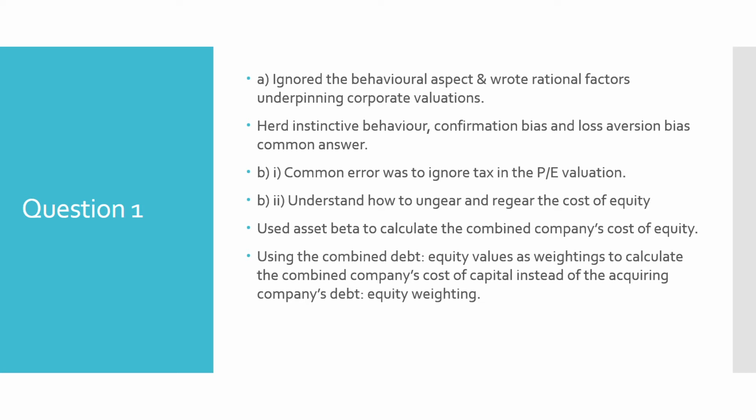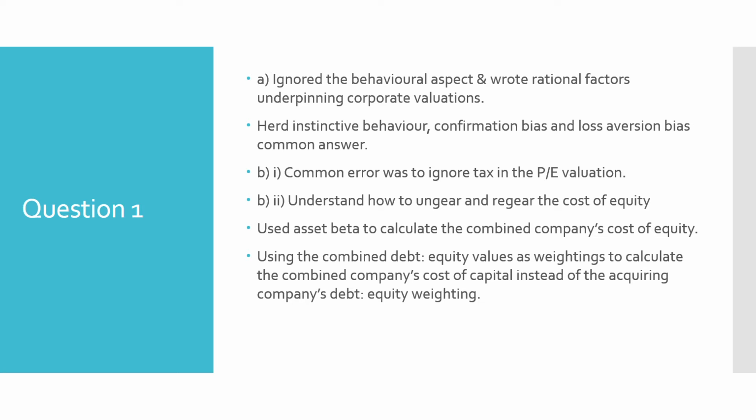The question told you that the combined company's capital structure debt equity ratio will be the same as the acquirer company's debt equity ratio in terms of market value. But candidates added the debt of both companies and the equity of both companies. That is not what the question asked. Clearly, the question told you to assume it is the same as the acquirer company.